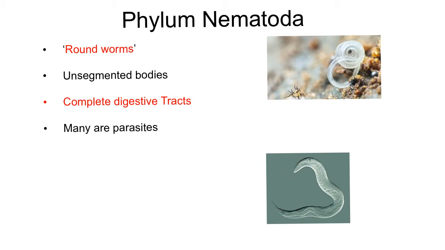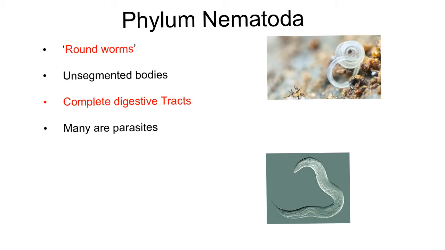Now, where our flatworms, or platyhelminthes, were considered to be acoelomate, our roundworms are considered to be pseudocoelomates, which means they do have a cavity, but it's called a false cavity, so it's not quite the same as a true coelomate.